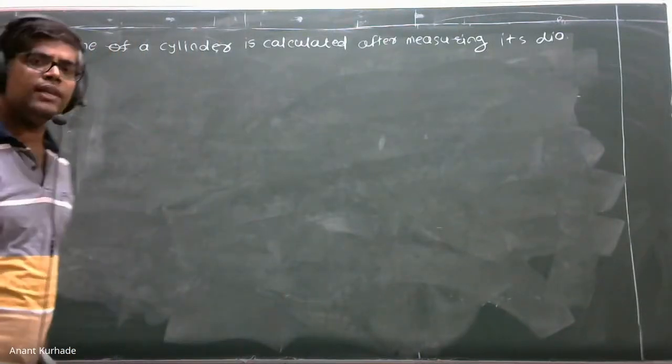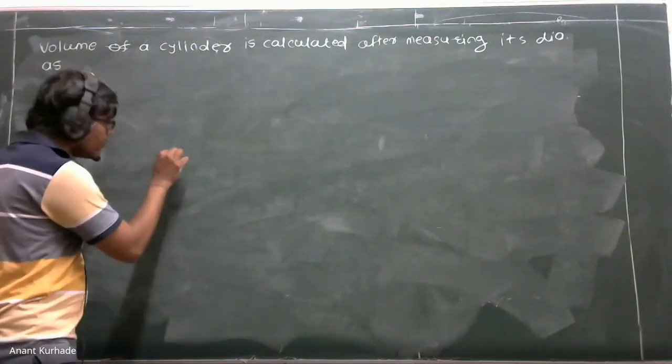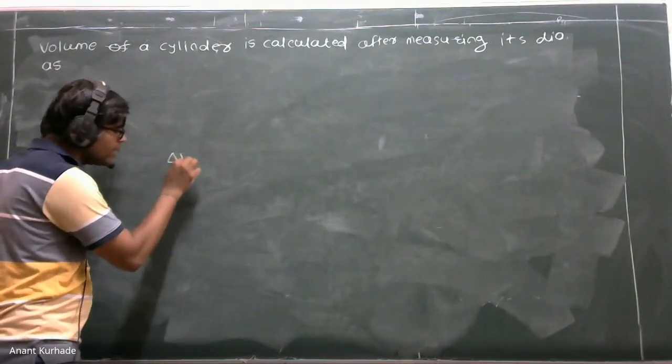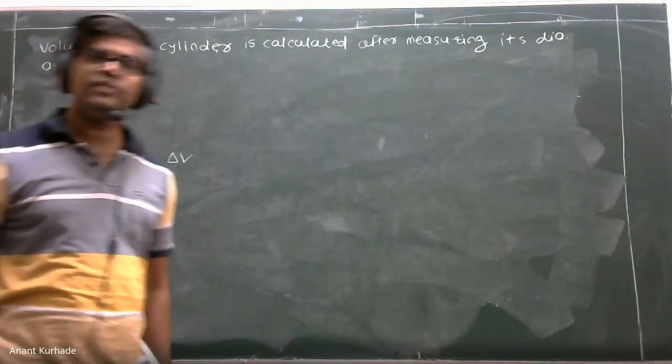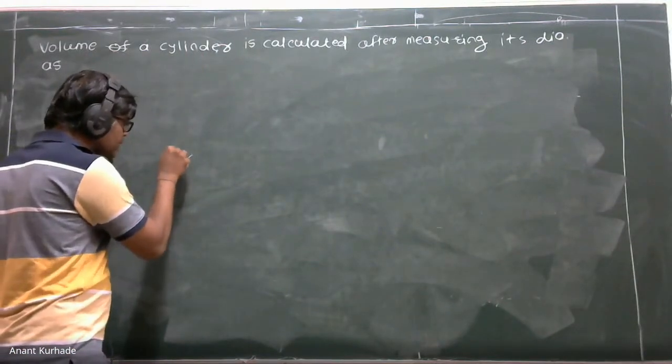We have to calculate the error in calculation of volume, that is, we have to find delta V, and this delta V is called the absolute error.